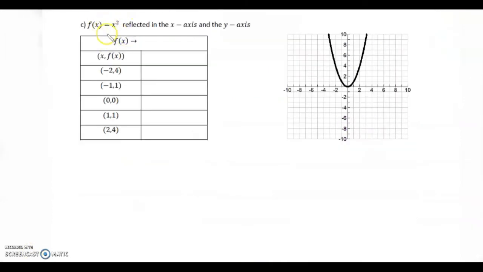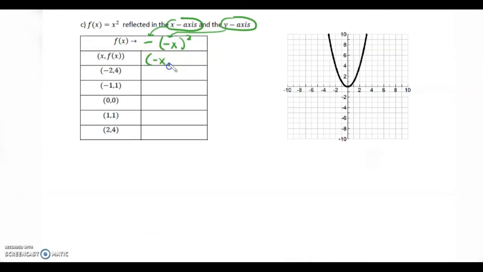Okay, now we're going to take f at x equals x squared, and we're going to reflect it in both the x and the y-axis. In this case, the equation would be negative f, I'm going to actually put x squared, negative of bracketed negative x squared. This is the reflection in the x-axis, this is the reflection in the y-axis.